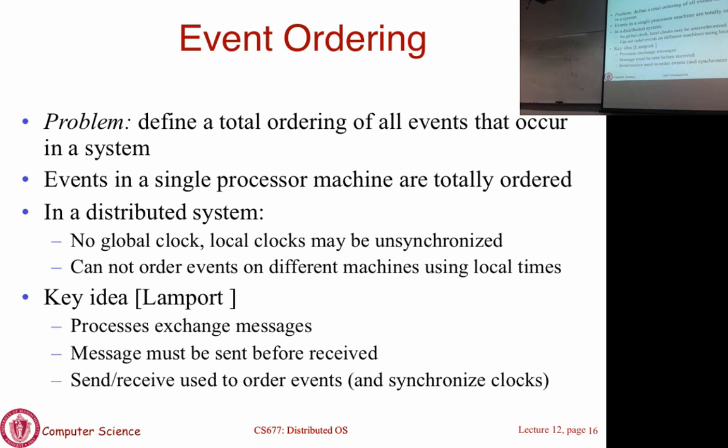So the point is, if two machines never communicate with one another, there should not be a reason for you to actually try to reason about events across them, because these are two arbitrary machines. They never communicate. Why do you want to reason about an event here and an event there if they are not related? They are unrelated machines, unrelated events. So we'll just assume that they're independent.